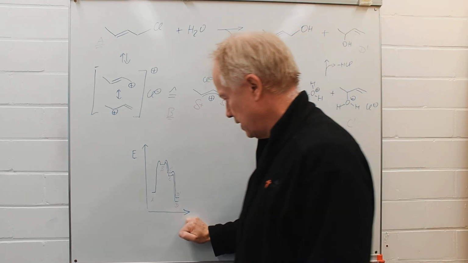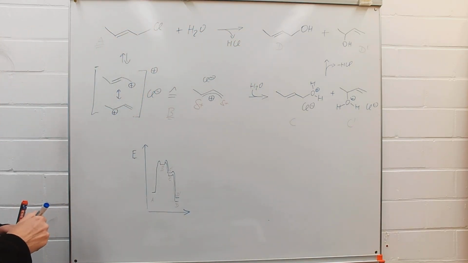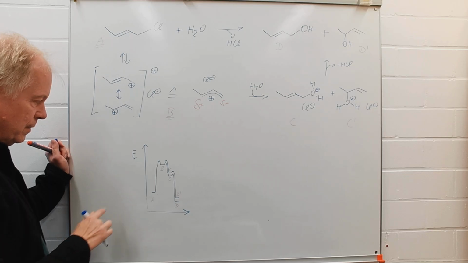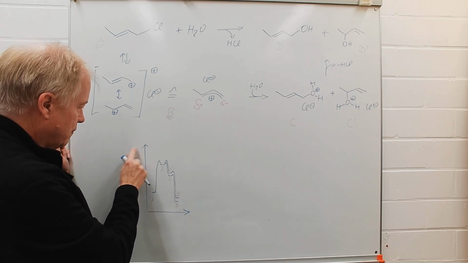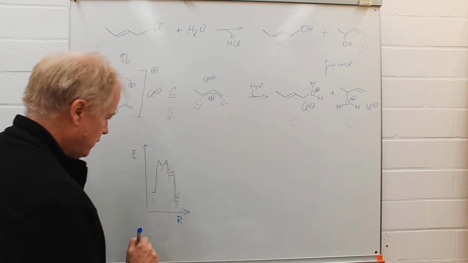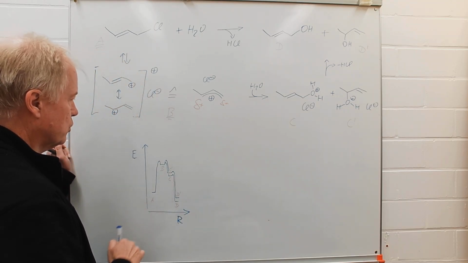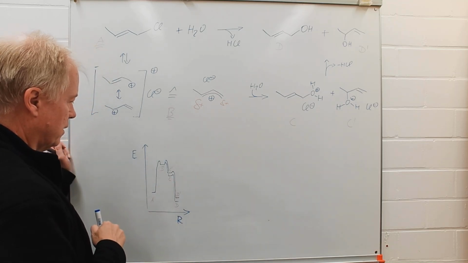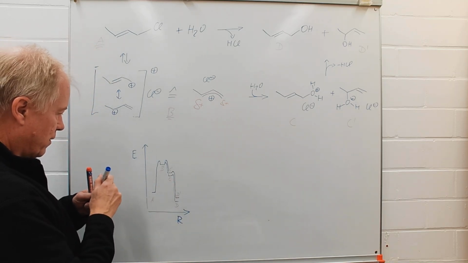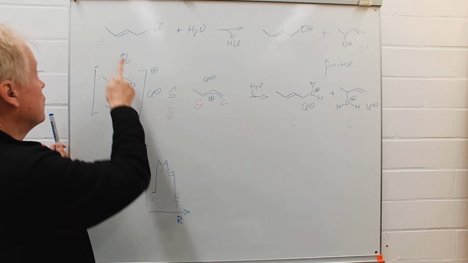So let us have a look at a diagram having here the energy, and there we have the reaction going on in this direction. So, where should we start with the energy level?